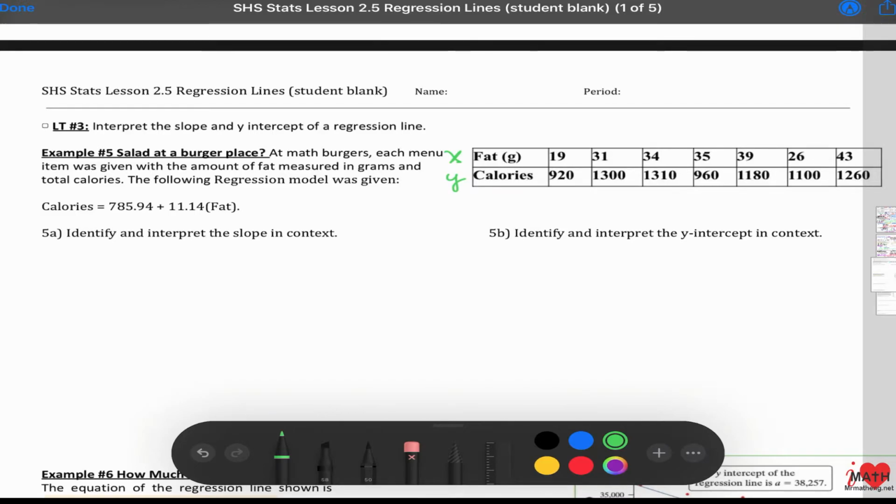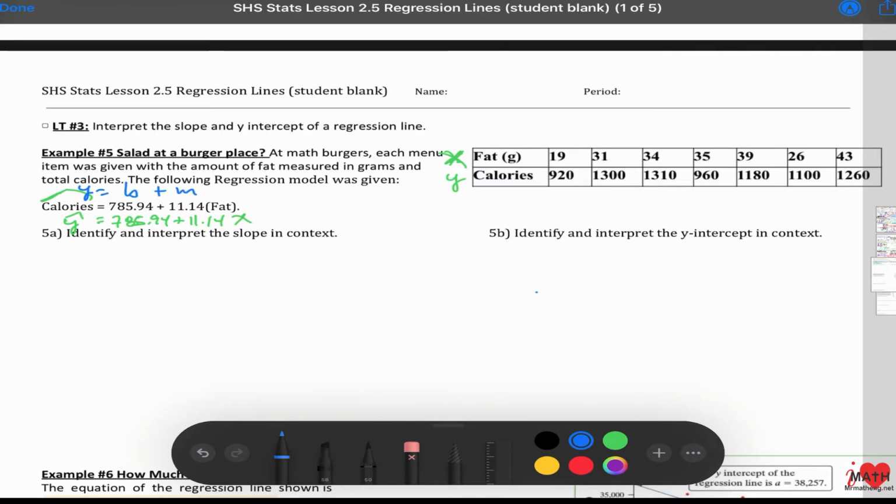Okay, so something we're missing here is this one. So this is really y hat equals all this, and fat, as you see, is the x. Okay, identify and interpret slope in context. So if you need to, you can write your slope equation above this. Now, it's a little tricky. This one's changed up a little bit.